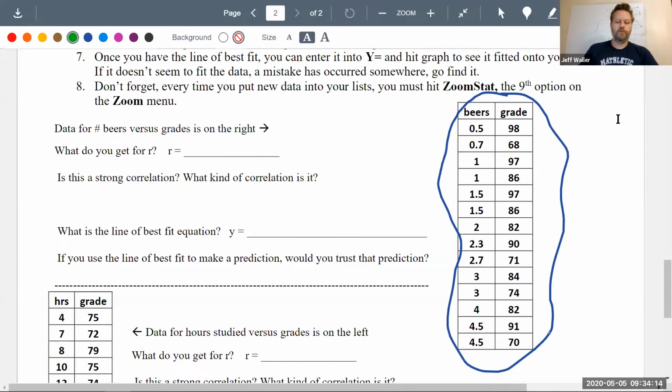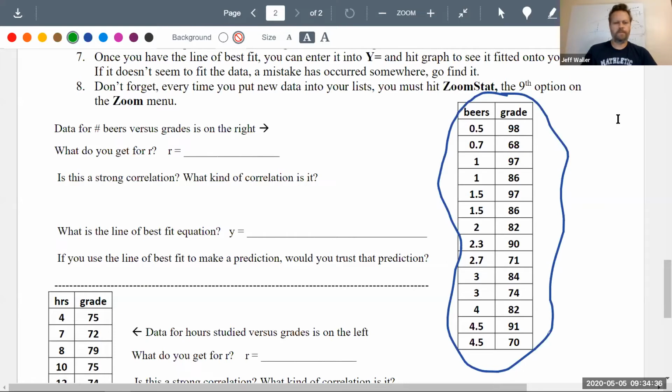So is everybody aware of what's happening? Put the data in list 1. Do you think you want to sort list 1 and list 2? Anybody?